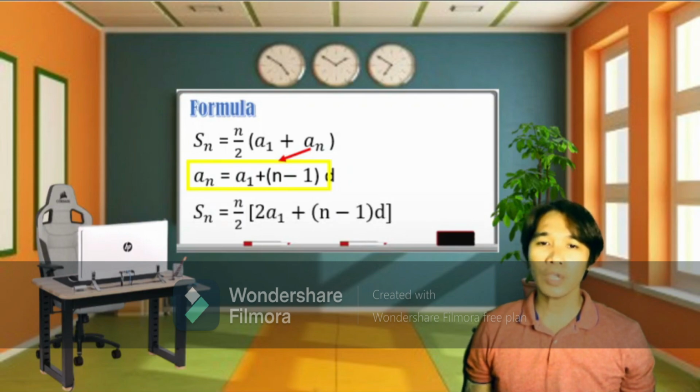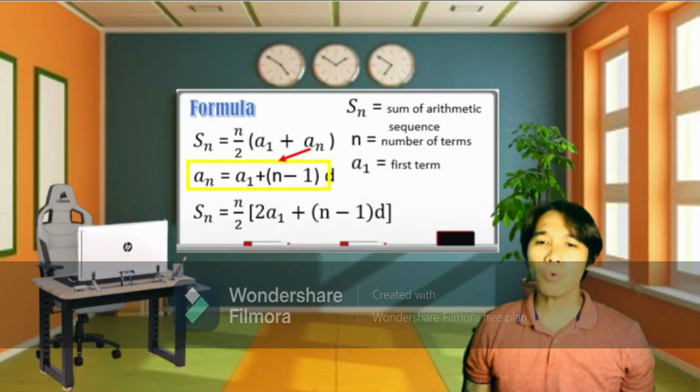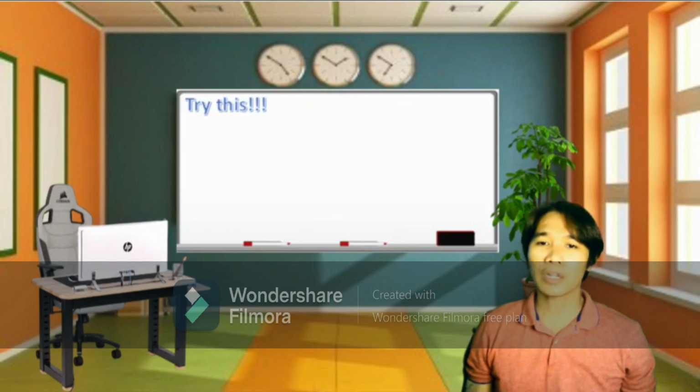So we have S sub n is equal to n over 2 quantity 2 a sub 1 plus quantity n minus 1 times d. We are going to use this formula to find the sum of the arithmetic sequence, wherein S sub n is the sum of the arithmetic sequence, n is the number of terms, a sub 1 is the first term, and d is the common difference.